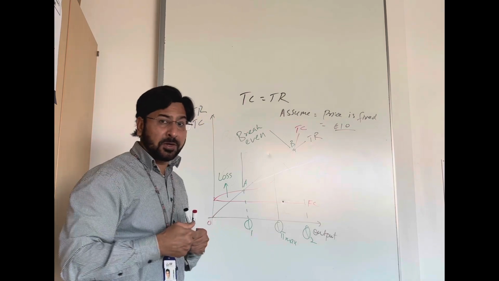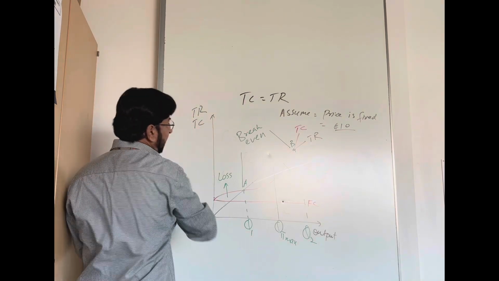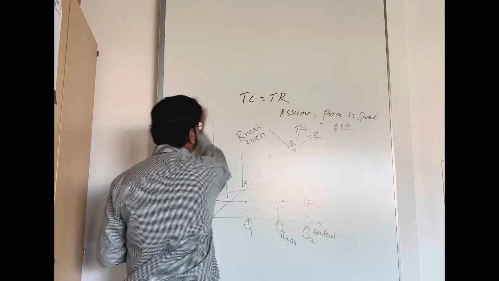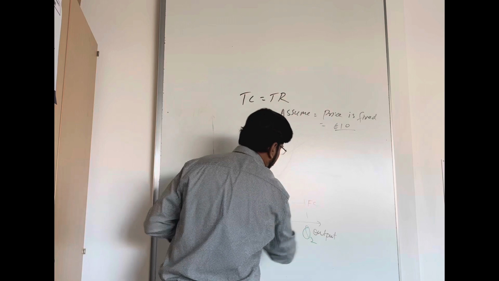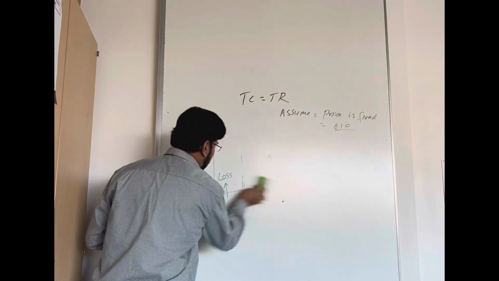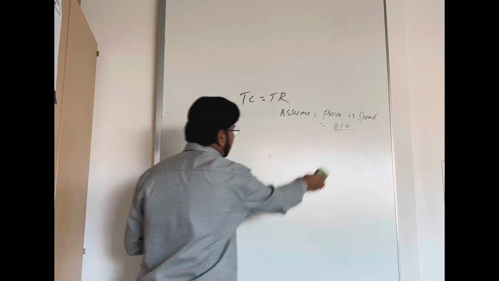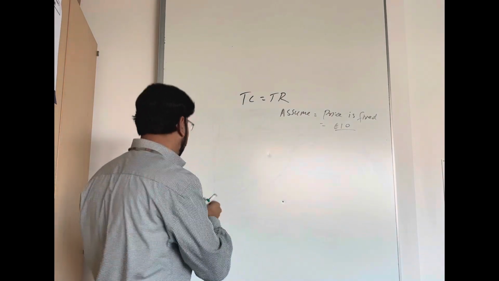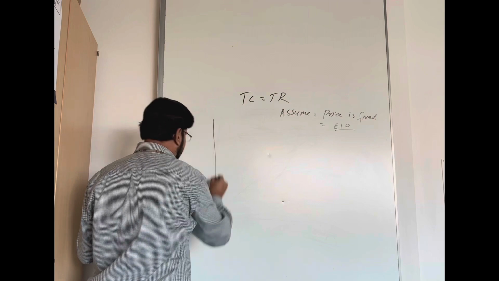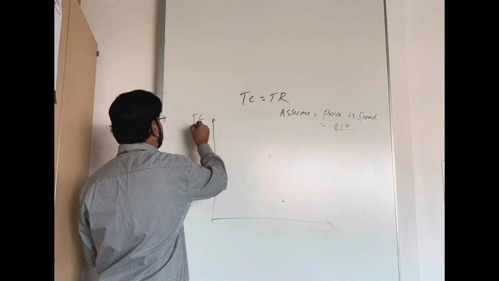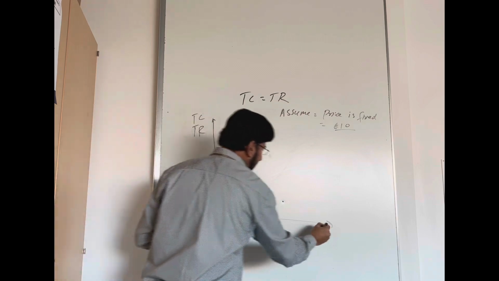You can also show here margin of safety, and for that I'm going to use more simple analysis. Just give me a second. I want to show you a more simple diagram for break even, and that is your TC, TR, output.